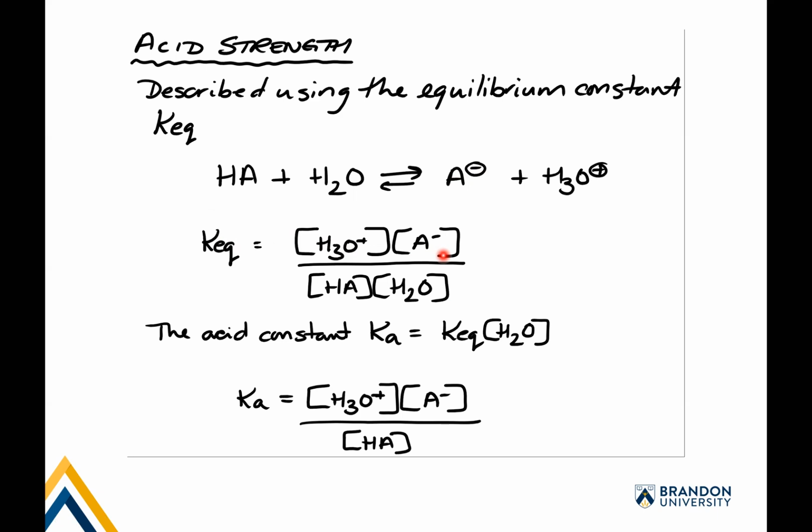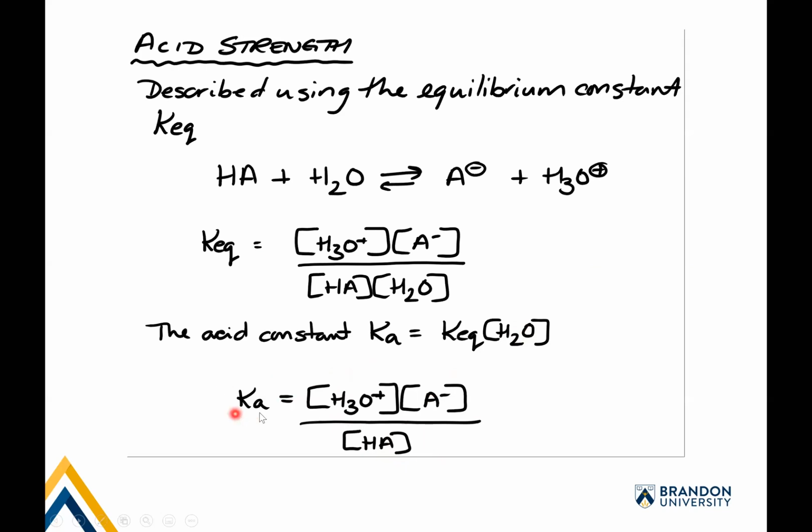But for Bronsted-Lowry acids, what we use is the acid constant, which is the equilibrium constant multiplied by the concentration of water. So we're basically removing the water from this expression by multiplying both sides by the concentration of water. And that gives us an expression which looks like this: conjugate acid, conjugate base over the acid, I guess.